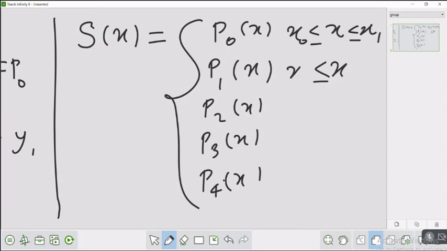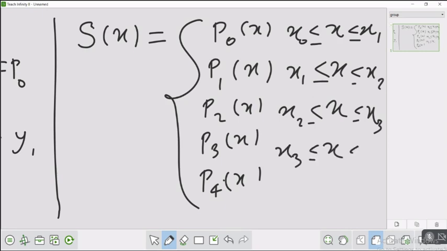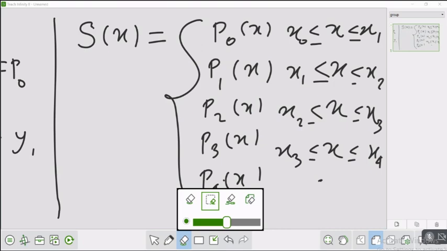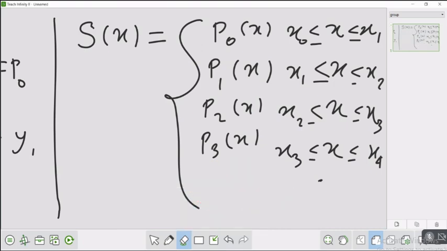Defined in the required domain. We did not have P4, right? Because we had only 4. Okay, is that clear?